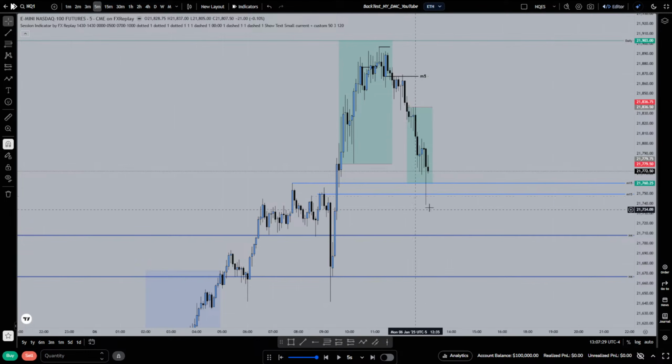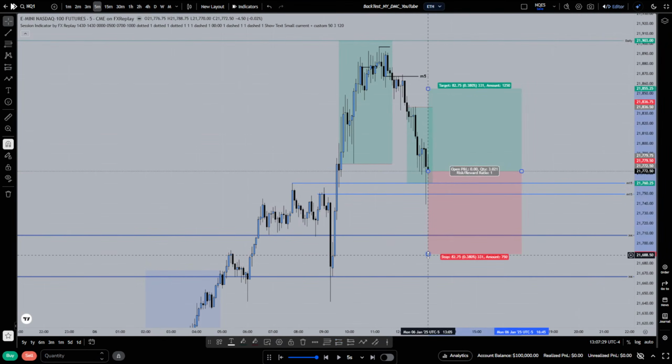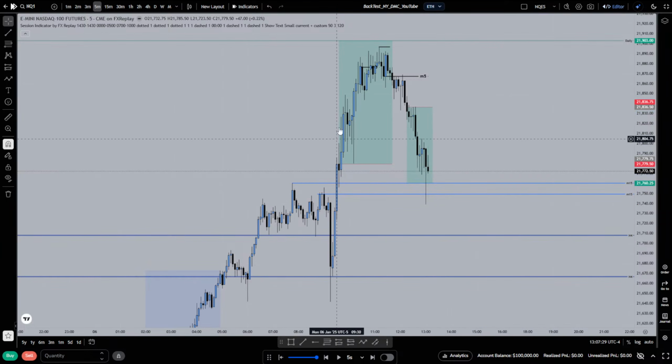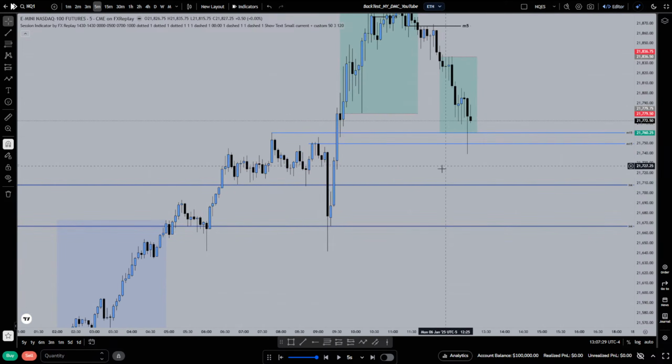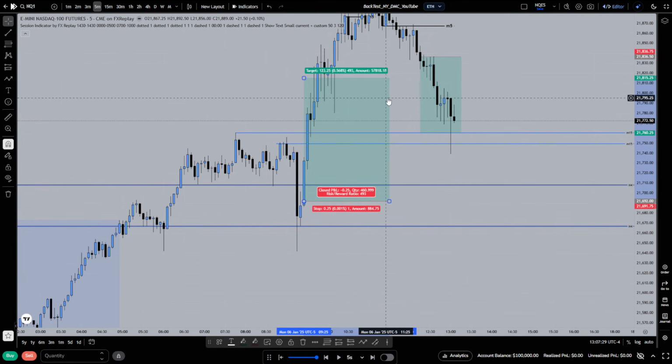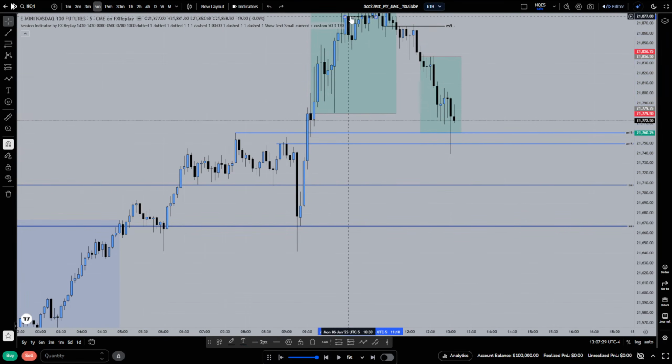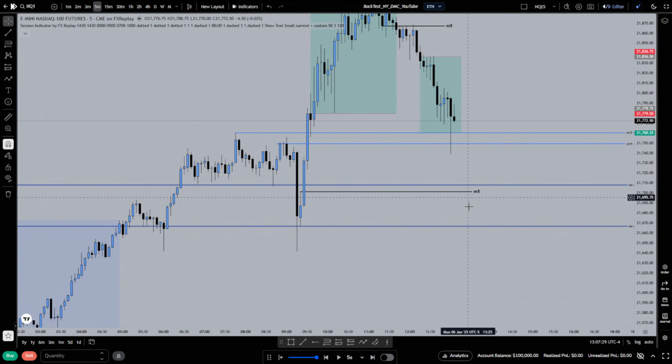So in 5 minutes, this could potentially be something like this, but I don't think so, because you usually go to the beginning of the move. In 5 minutes, the beginning of the move would be here. So let's see in 15 minutes what happens.